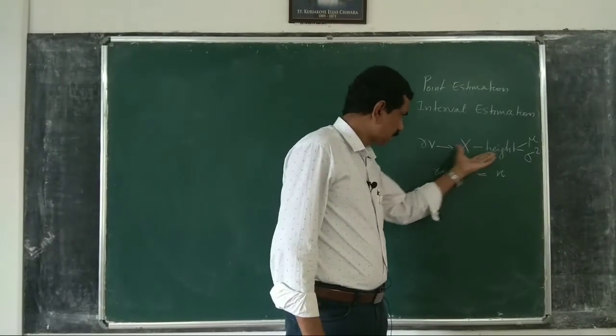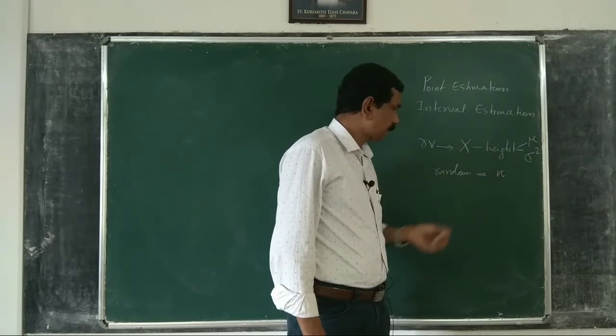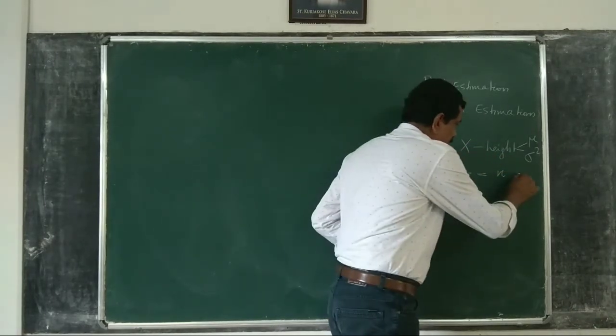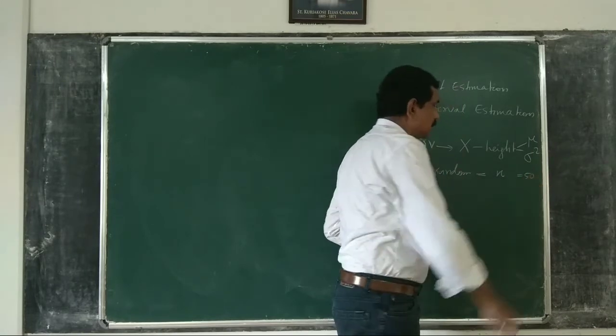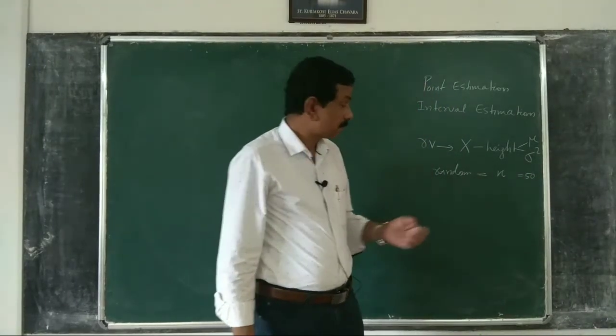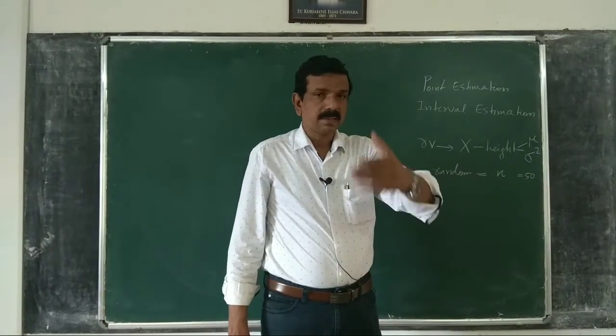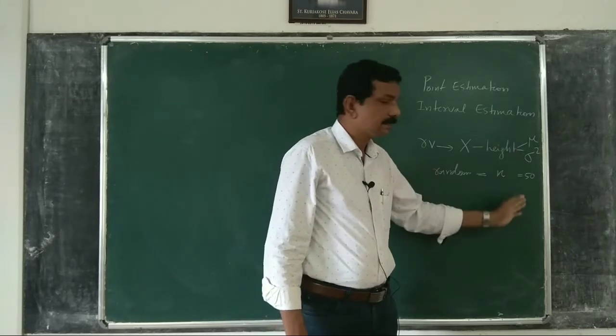For example, if height is the population, we take say 50 samples from this known population, and we use this sample to estimate the unknown parameters.